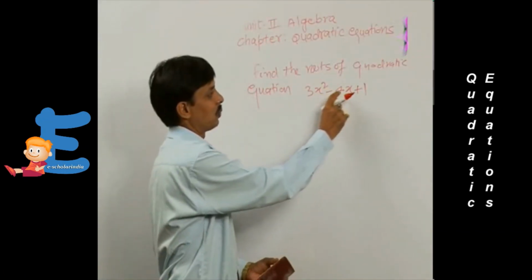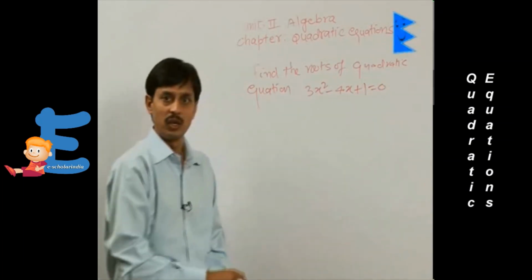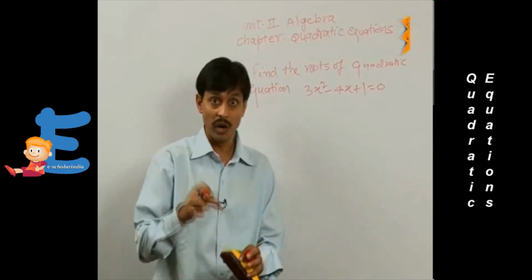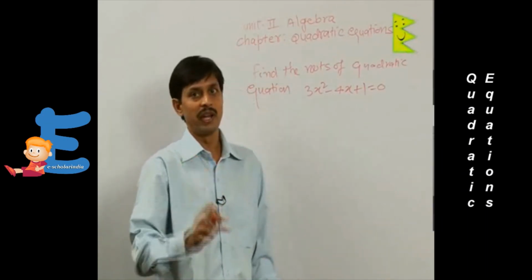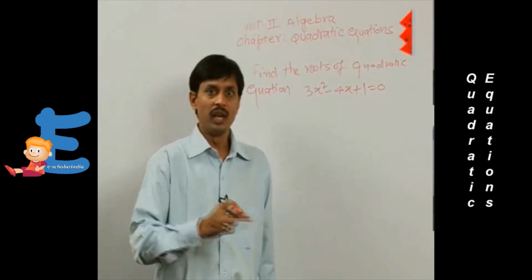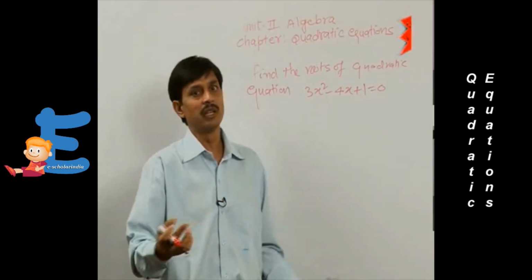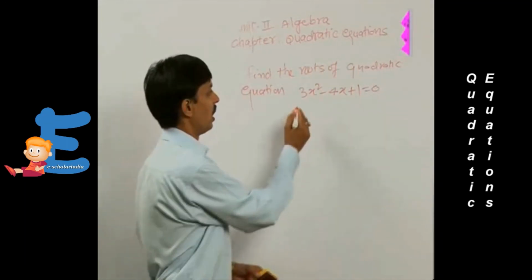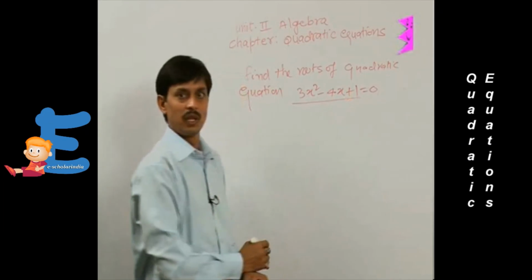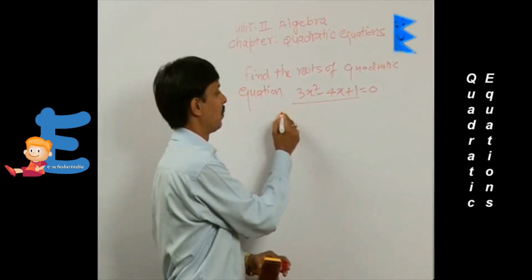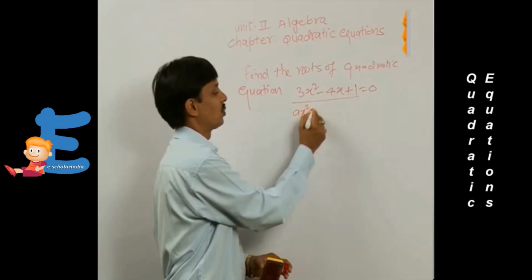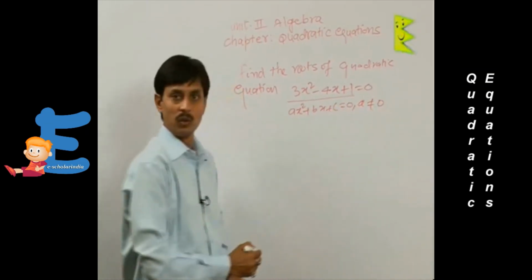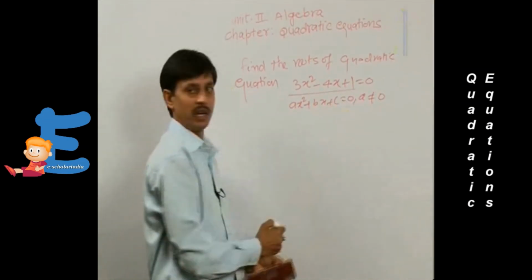Suppose 3x square minus 4x plus 1 is equal to 0 is the quadratic equation. We want to calculate the roots by using the quadratic formula, that is alpha is equal to minus b plus root d upon 2a and beta is equal to minus b minus root d upon 2a, which theoretically we have discussed with you. If we compare this equation with the standard form of the quadratic equation, ax square plus bx plus c is equal to 0 provided a is not equal to 0.